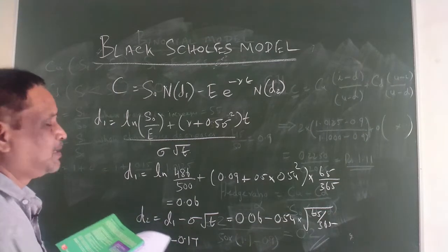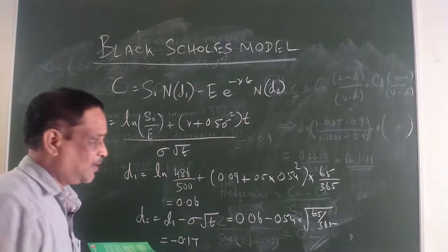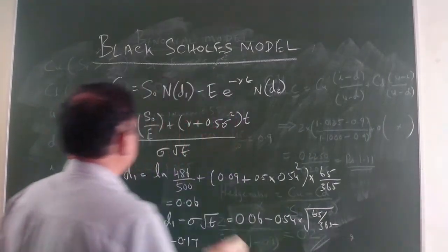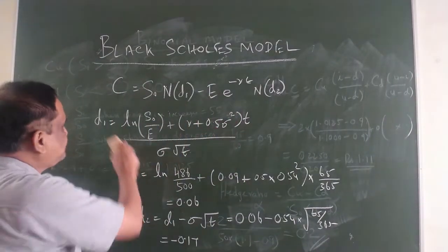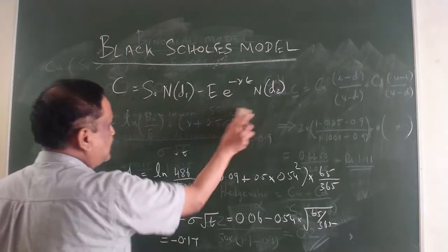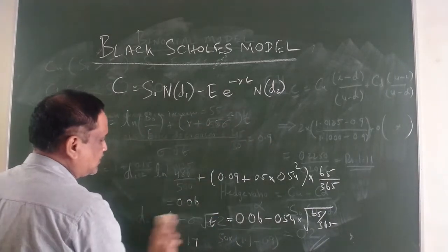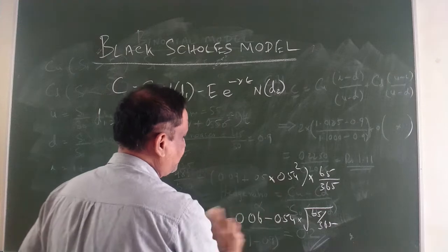Let us see how we can find out N of d1, the normal value of d1. For that we should be using the normal distribution tables.